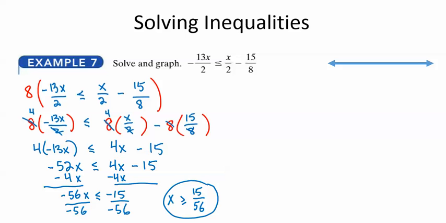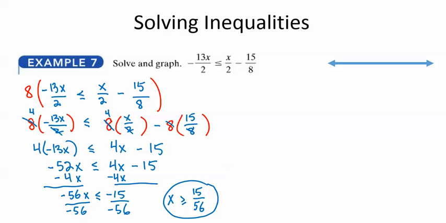And again, I do suggest that you take some time to check your answers. Try a number that's greater than 15 over 56. Once again, you can use simple numbers. In this case, any whole number that is greater than 1 would be a great number to test here. You could also test some numbers less than 15 over 56. 0 might be a good choice for that.